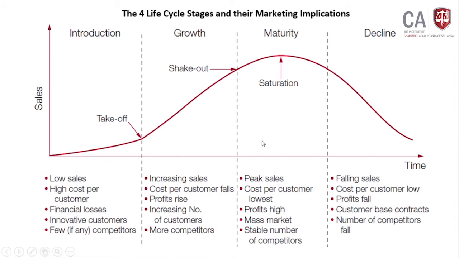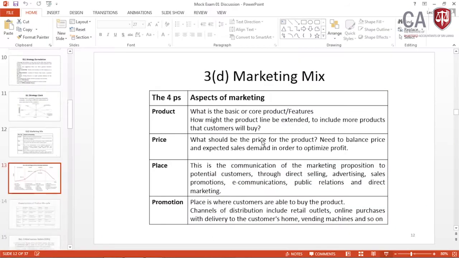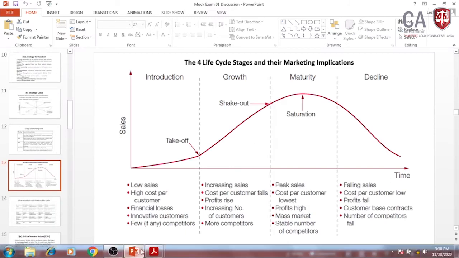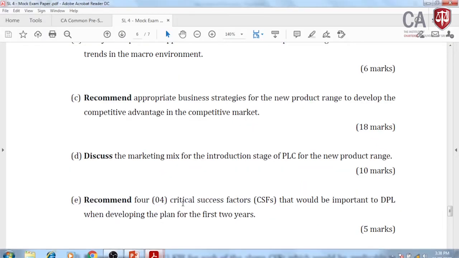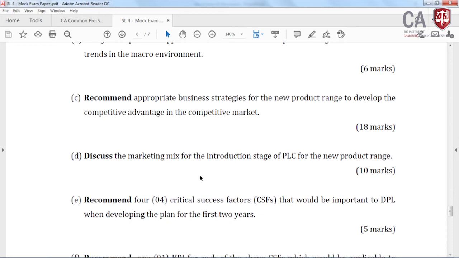Right. In relation to this, look at the question again. Here, discuss the marketing mix for the introduction stage of the PLC for the new product range. So, we will look at what type of answer we can develop for this.